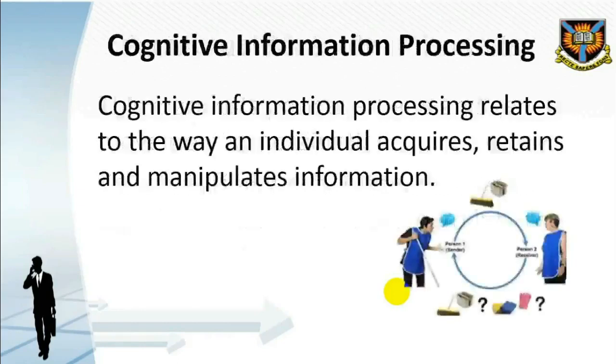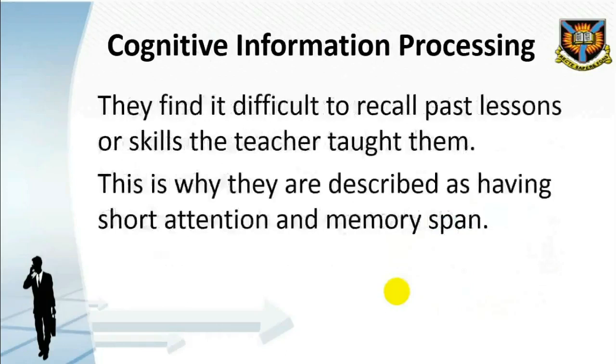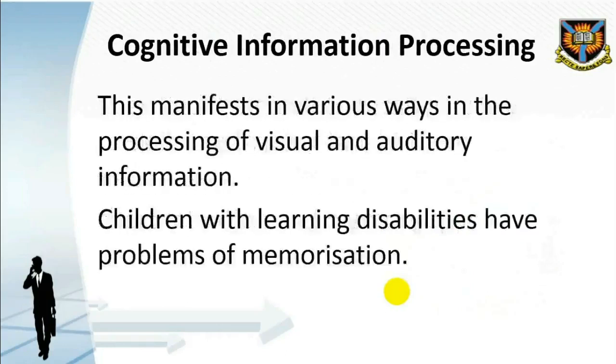10. Cognitive information processing. Cognitive information processing relates to the way an individual acquires, retains, and manipulates information. This manifests in various ways in the processing of visual and auditory information. Children with learning disabilities have problems of memorization.